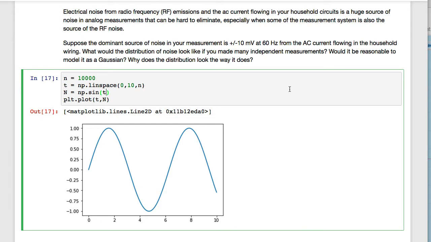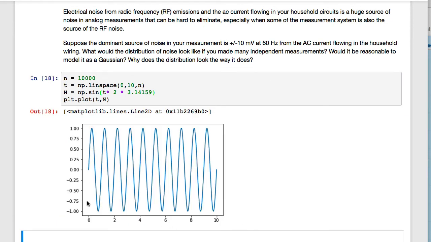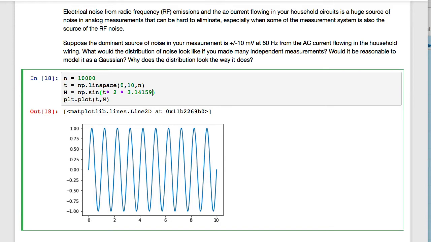So if I took time and multiplied it by 2 pi, then let's try running it again. So now it's going up and down once every second. If I wanted it to go up and down 60 times a second, then I'd have to have even faster in there, so I'd have to multiply times 60.